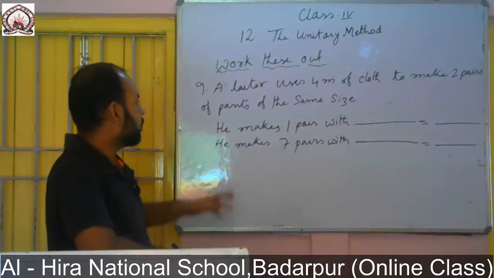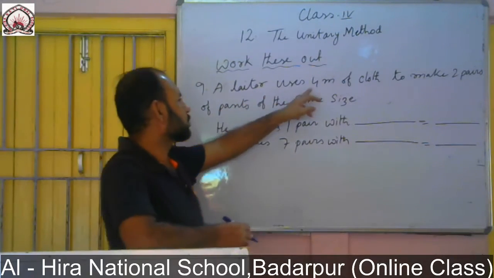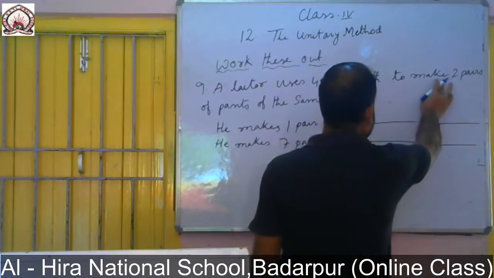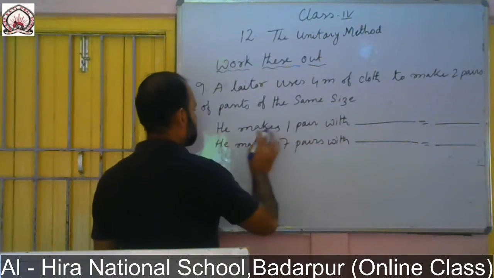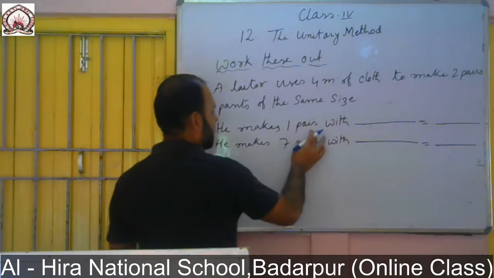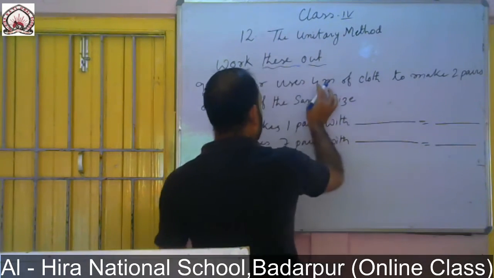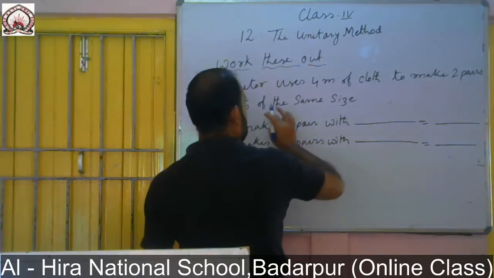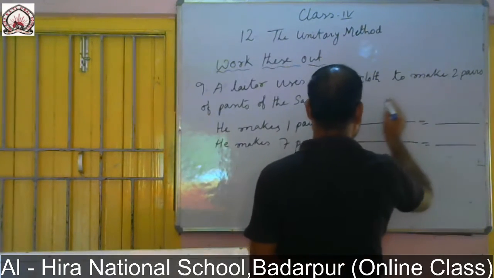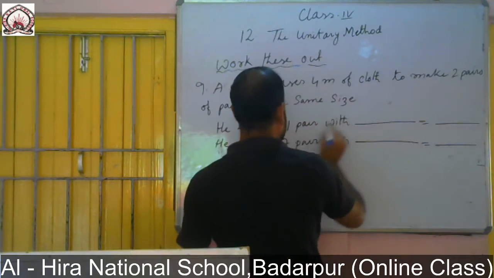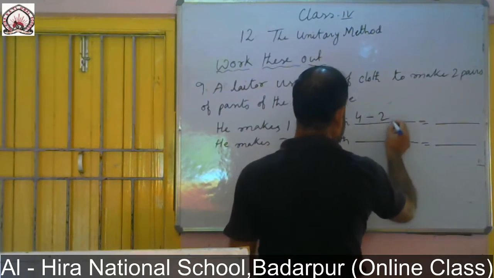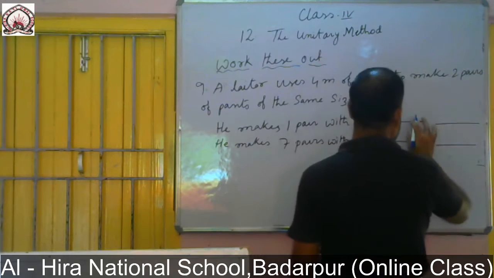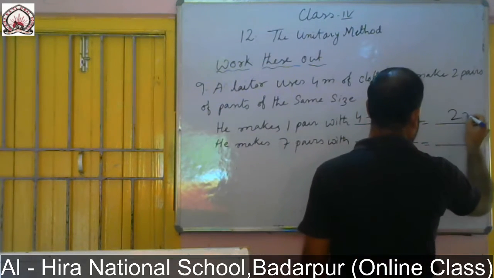So, first he makes 1 pair. A tailor uses 4 meter of cloth to make 2 pairs of pants of the same size. So, he makes 1 pair with, if 4 meter makes 2 pairs, then 1 pair is 4 divided by 2, which equals 2 meter.